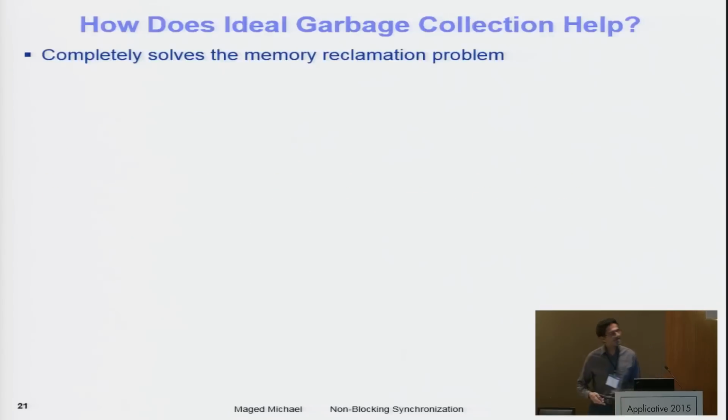So now looking at these problems and solutions, how does garbage collection help? Let's assume that we have an ideal garbage collector, so once a dynamic block doesn't have any references to it, it is freed instantaneously, and it doesn't have any overhead.